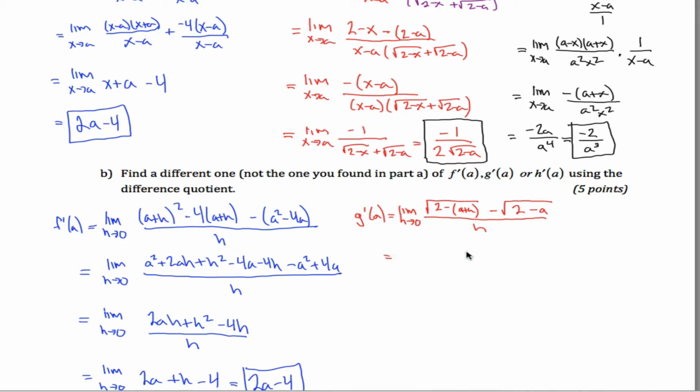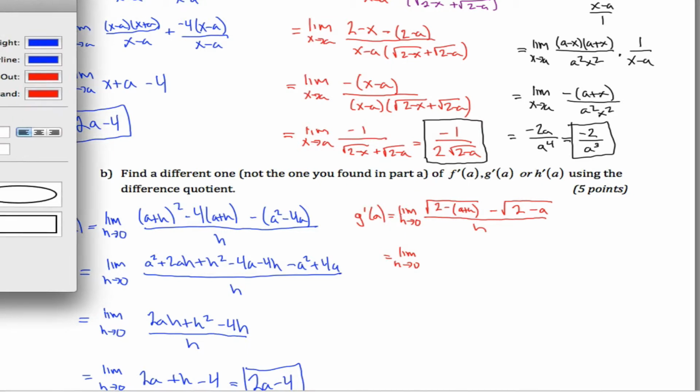The trick I'm going to do is multiply the top and the bottom by the conjugate of the top. The limit as h approaches 0 of, okay, I'm going to cheat a little bit here.